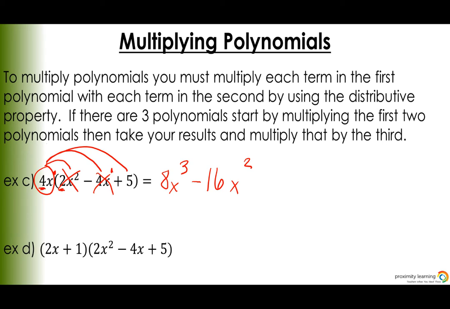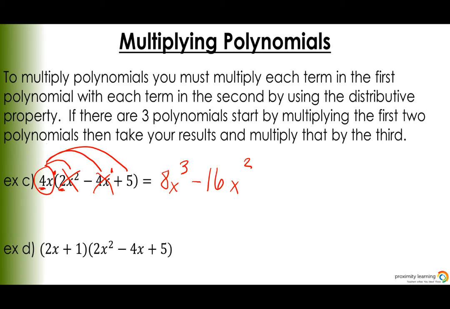The last one, the very last one, is going to be 4x times negative 5. Same thing we did with the first two. We're just going to multiply the coefficients first. And then since 5 is just a constant, a number without a variable, we're just going to slap an x on it and call it good. All right.